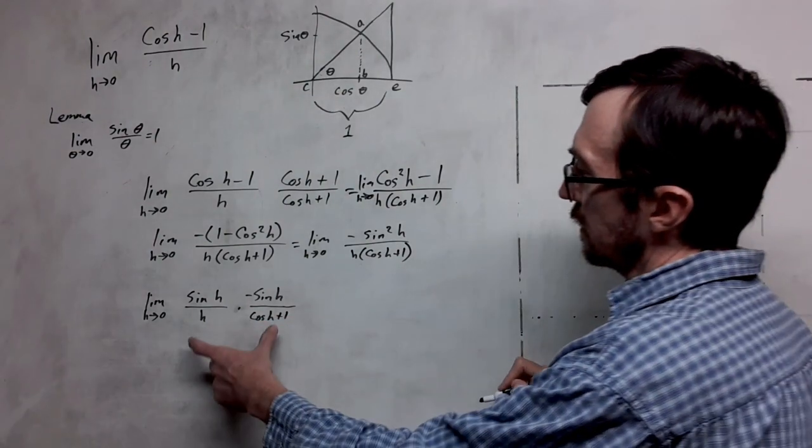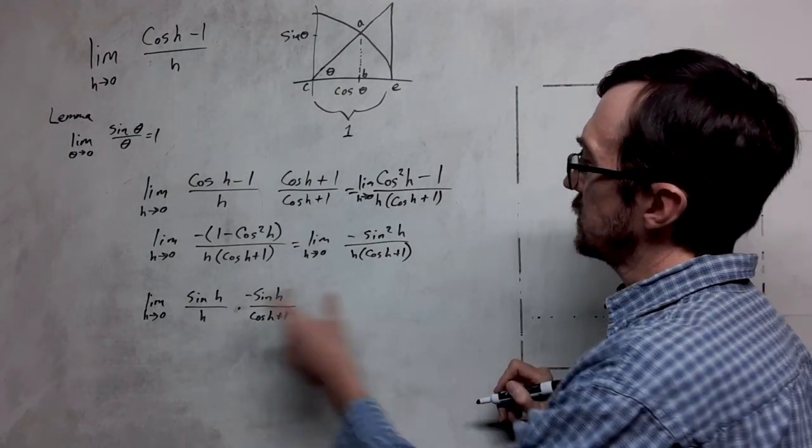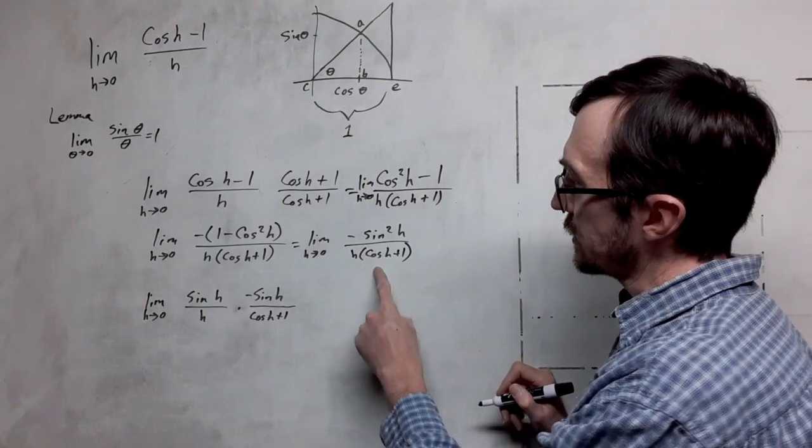If we multiply these two fractions back together, we're going to get this fraction here.